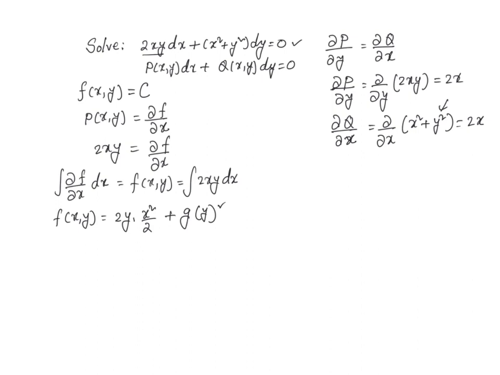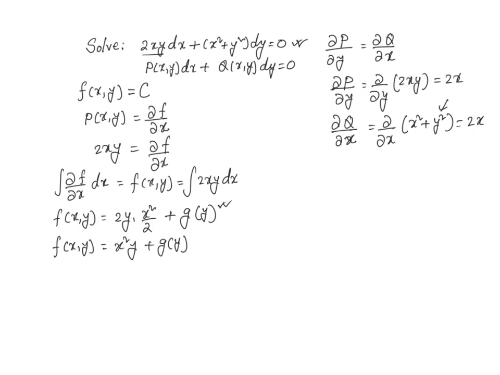Any function of y with respect to x integration would be treated as a constant. Now, if I simplify it a little further, f(x, y) is going to be x squared y plus g(y).